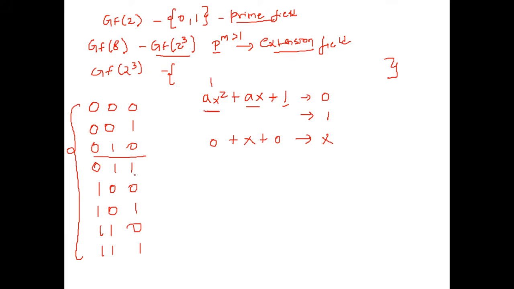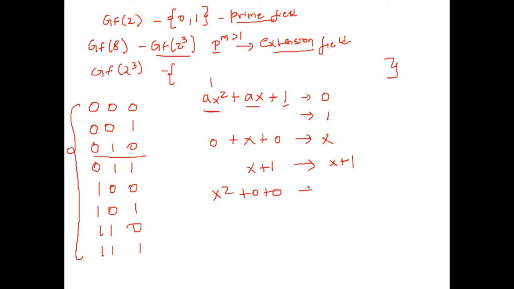So 0 1 1, what does that mean? This term is 0, this term and this term exist, and since it is a 1, the coefficients are considered to be 1 here. So when I say 0 1 1, this is nothing but x + 1. So that is the next term. What is 1 0 0? ax^2 exists, we consider a to be 1, so only x^2 is there, the other two terms are zeros.